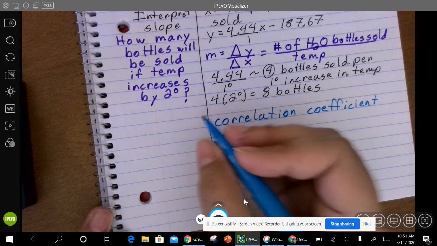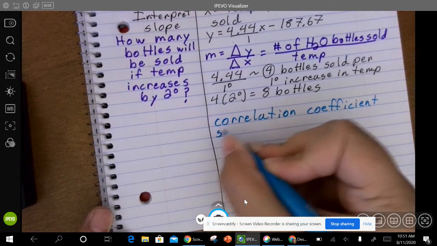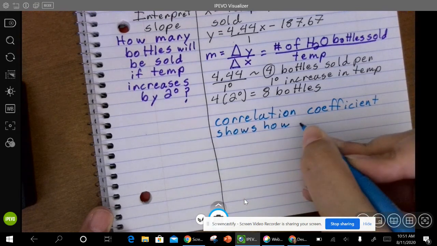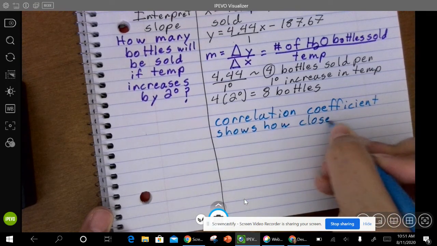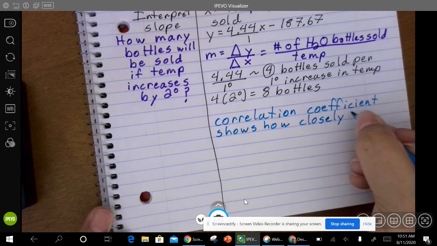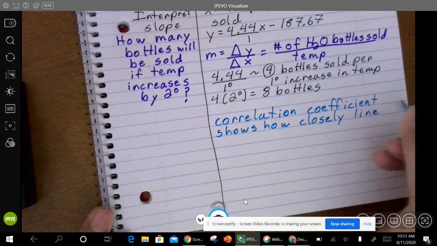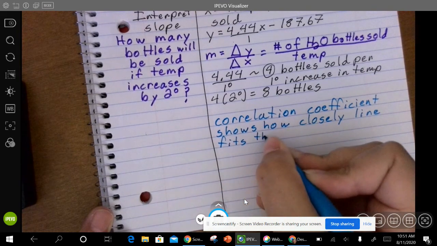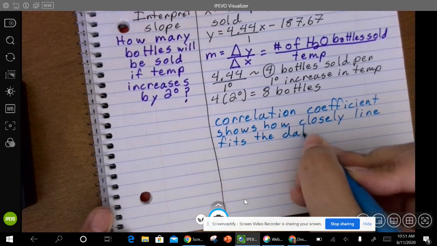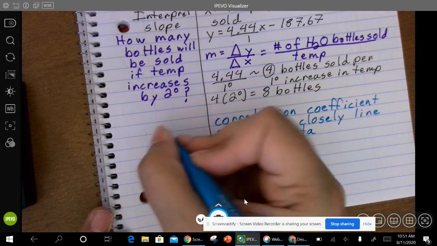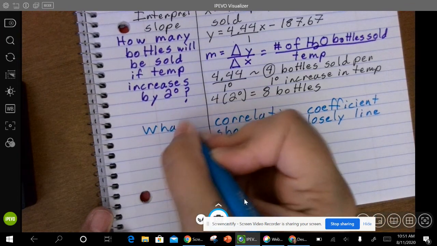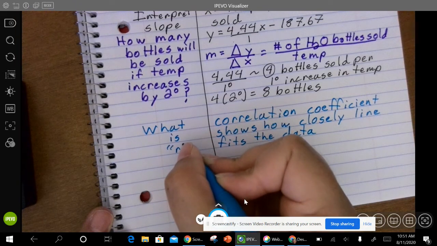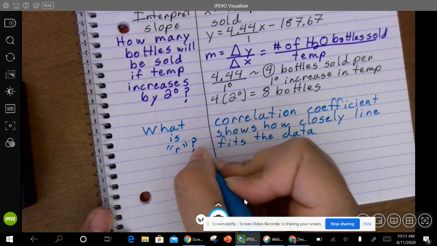We use the letter R for that, and that shows how closely the line of best fit fits the data. So we use the letter R, everybody, not R squared.